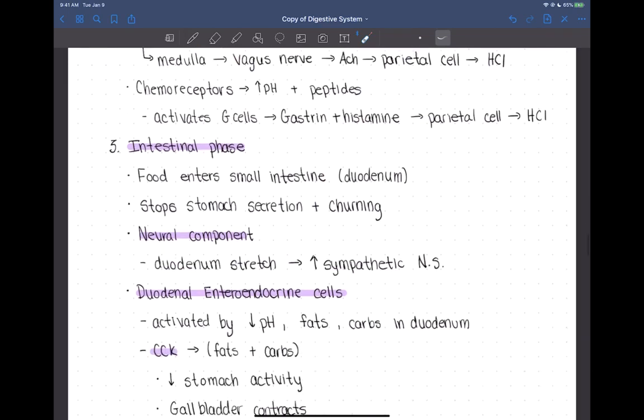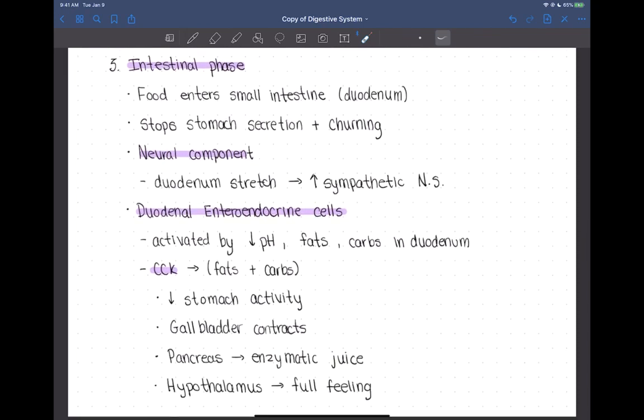Okay, and then our third phase is the intestinal phase. In the intestinal phase, right, food is now leaving, that chyme, right, is now leaving the stomach and entering the small intestine. So the first segment of the small intestine is called the duodenum.